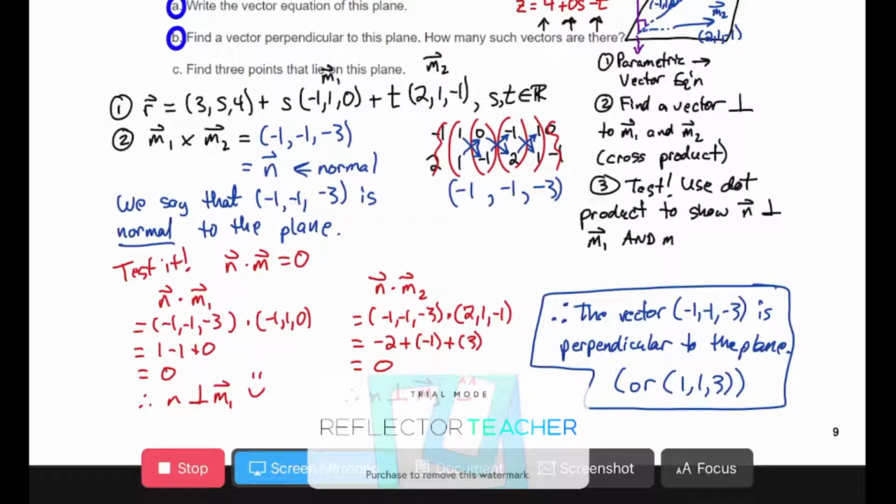And remember, it has to be perpendicular to both, because both of them lie in the plane. So if they're in the plane, m1, m2, and somehow it's perpendicular to this vector, but non-perpendicular to this vector, we have a problem. So if we've done everything right, that won't happen anyway, but just watch out for that.